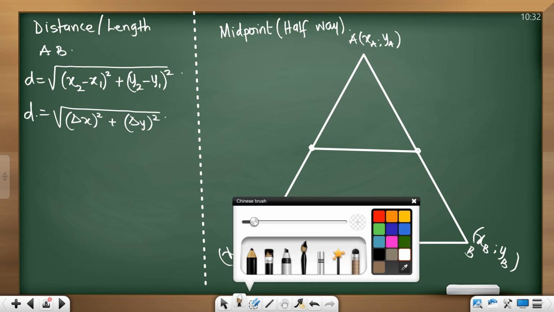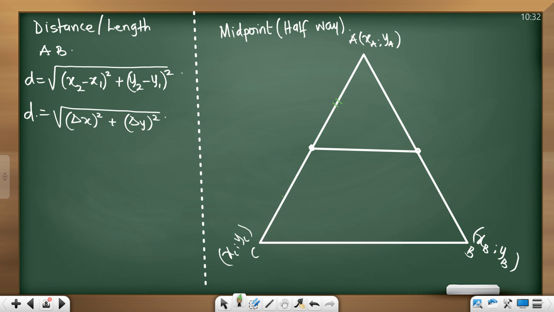This is given to us as the midpoint. That is, examiner tells you this is equal to this.